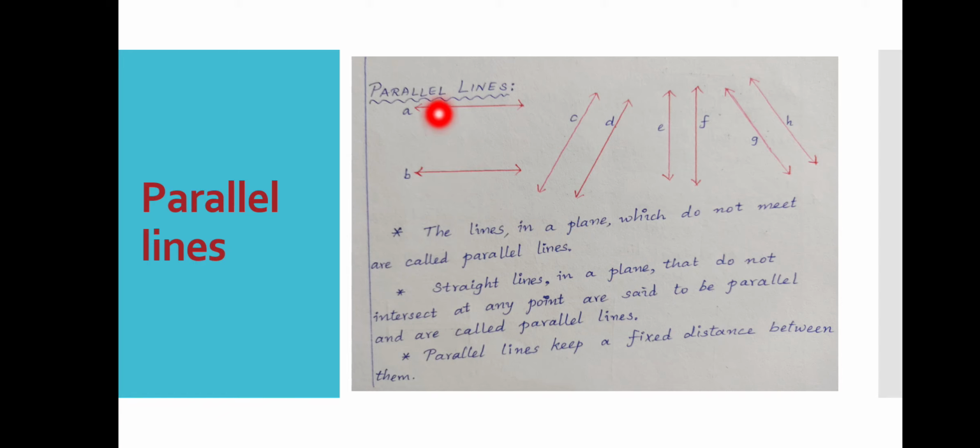The distance between lines A and B is always same at each and every point. And the distance between C and D will also be same. Straight lines in a plane that do not intersect at any point are said to be parallel, and they are called parallel lines.